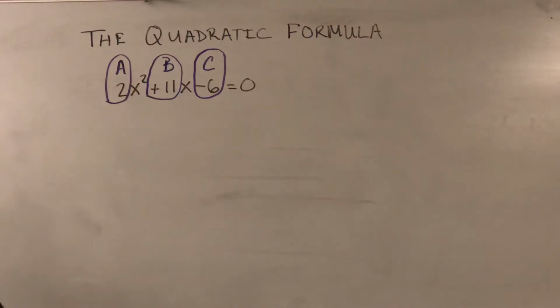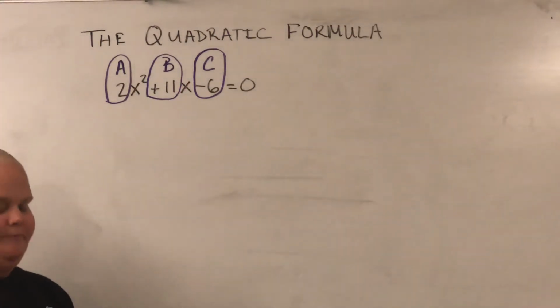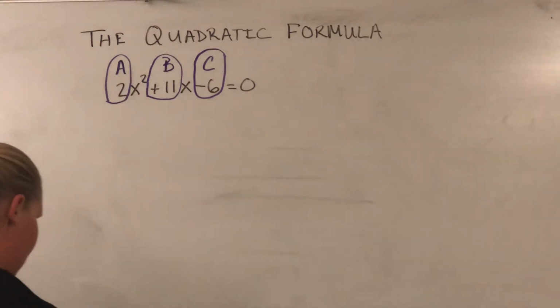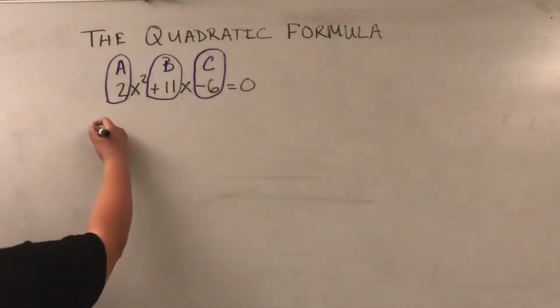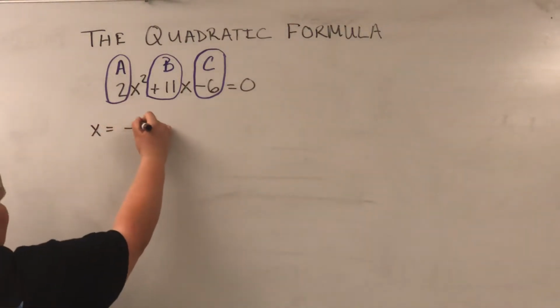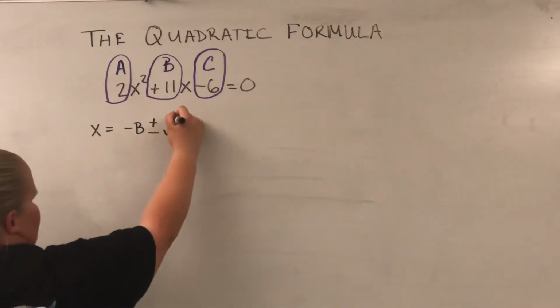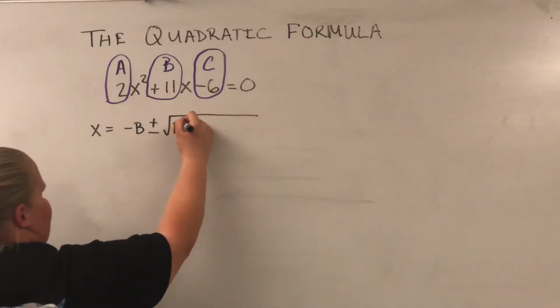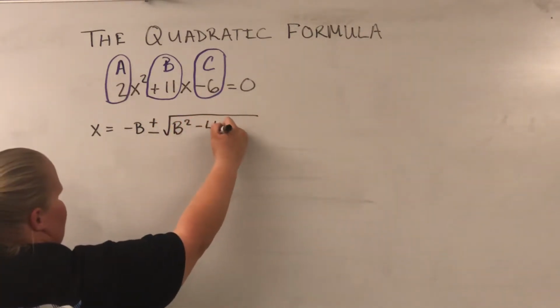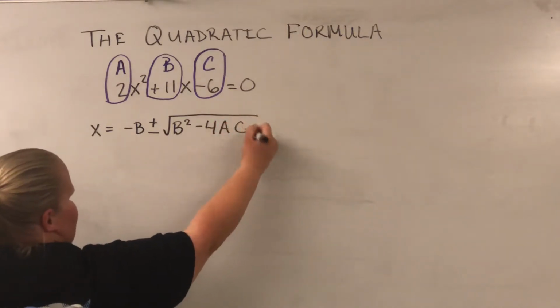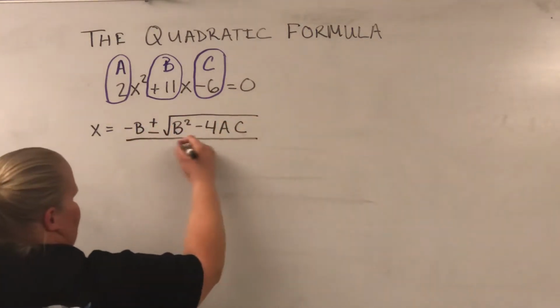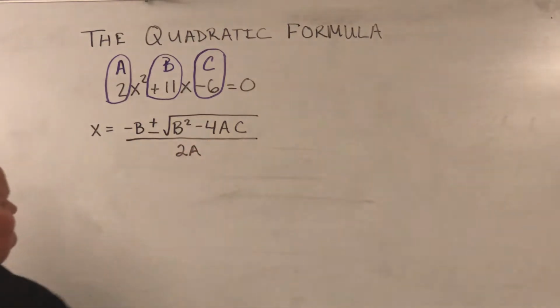Okay? So we're going to go ahead and plug that into our formula. Again, our formula is x equals negative b plus or minus the square root of b squared minus 4 times a times c, all over 2a.